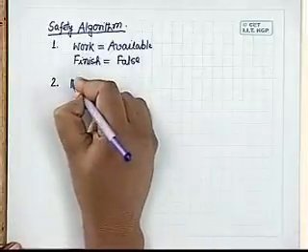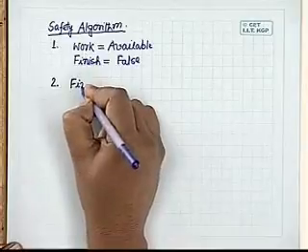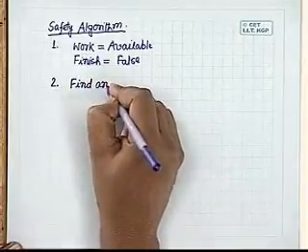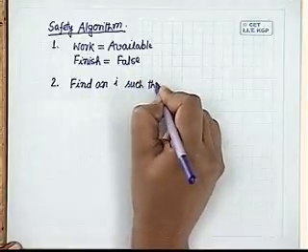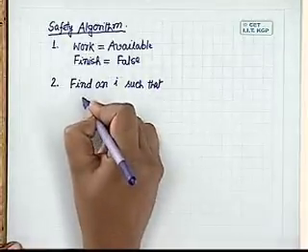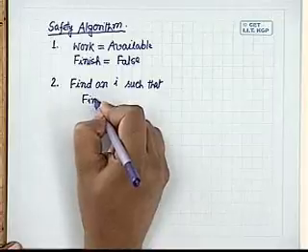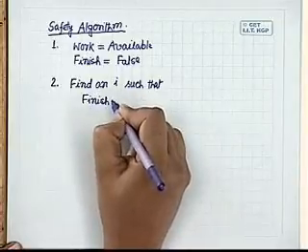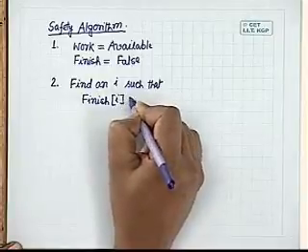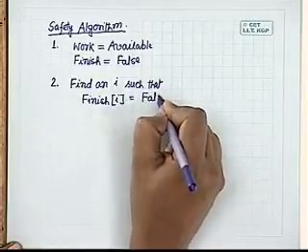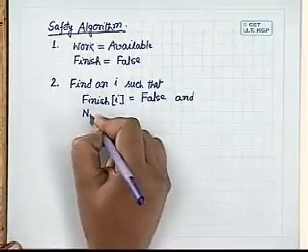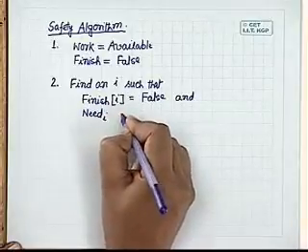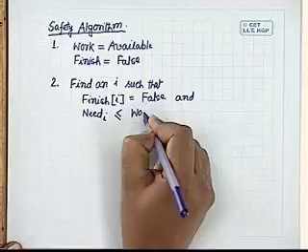So the complete algorithm will be like this: find an i, that is, find a process Pi such that finish[i] equal to false and need[i] is less than or equal to work.